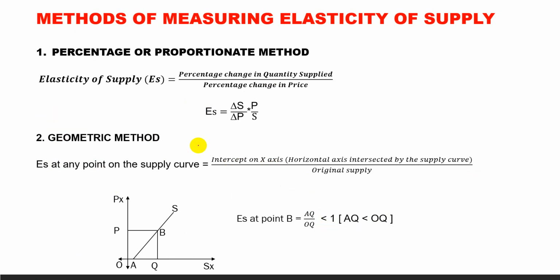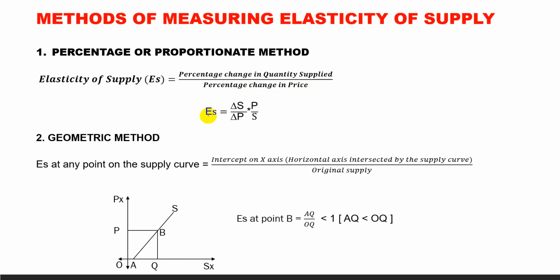Methods of measuring price elasticity of supply. There are two methods. First, the percentage method or proportionate method: percentage change in quantity supplied divided by percentage change in price.